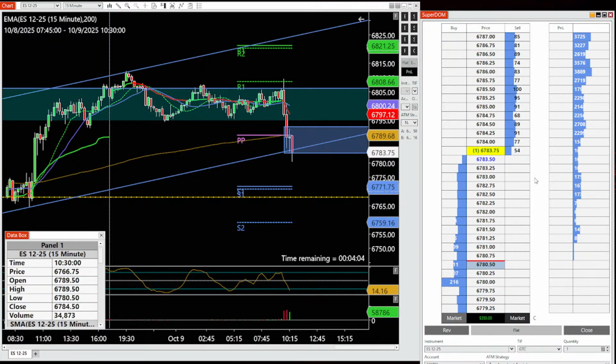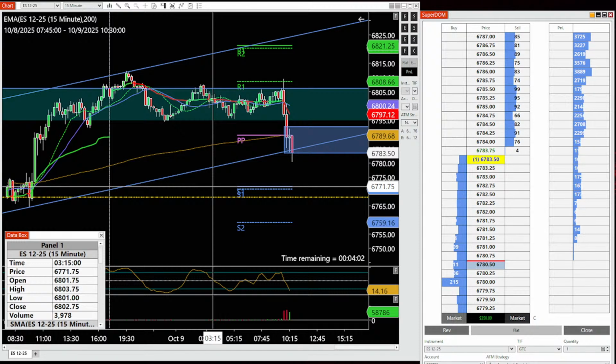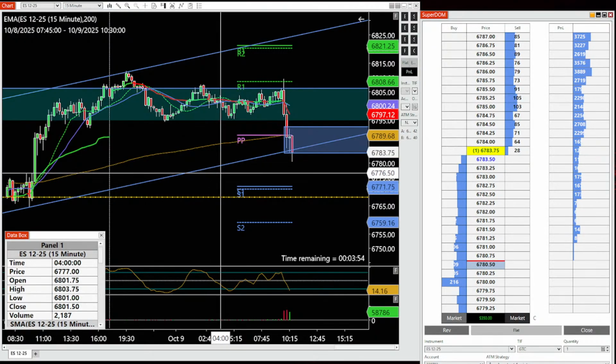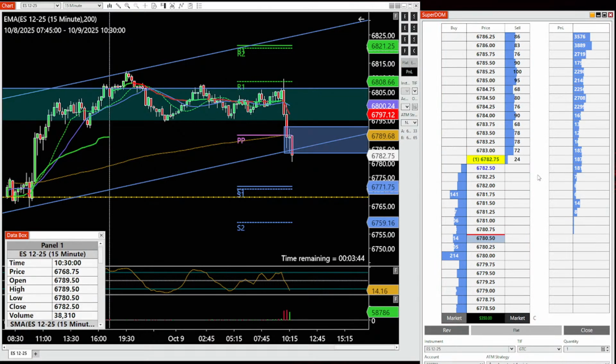The question is, is this 75 S1 in the eyes of the traders, the target? Now it's the 84, 85.